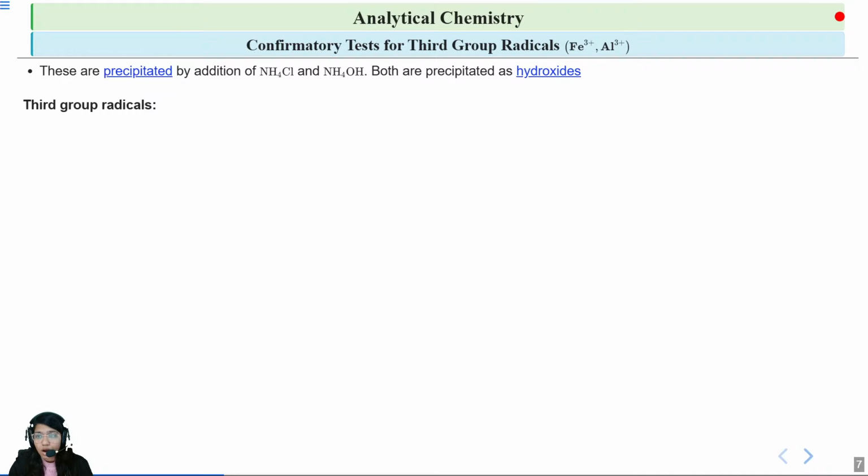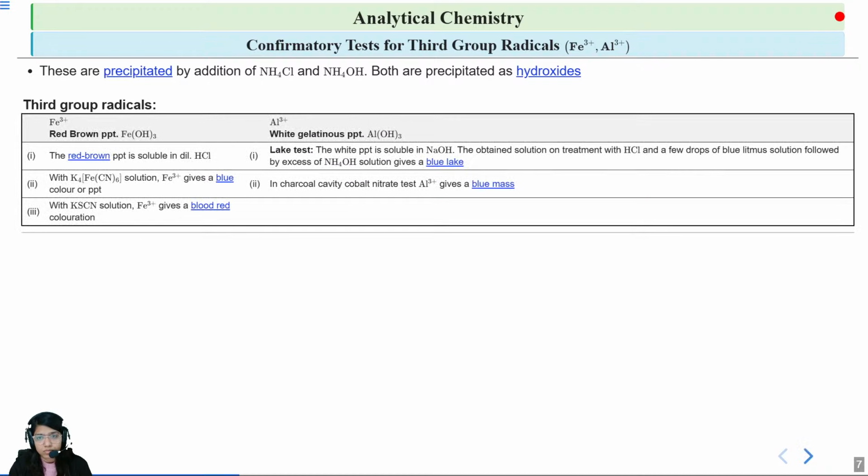Now let's see how we identify these third group radicals. So when testing for Fe3+ and Al3+ ions, Fe3+ forms a red-brown precipitate of Fe(OH)3, while aluminium reacts with NH4Cl and NH4OH to form a white gelatinous precipitate of Al(OH)3.